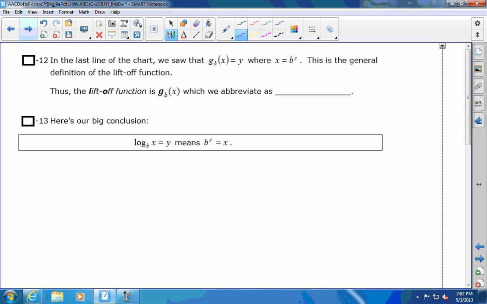B to the y gives me x. So, definition, the lift-off function can be abbreviated as LOG, base b of x. The lift-off function is what we call the log function.